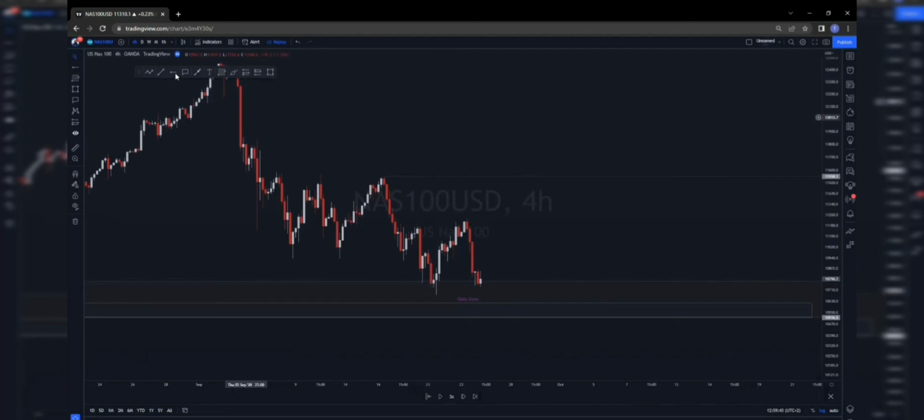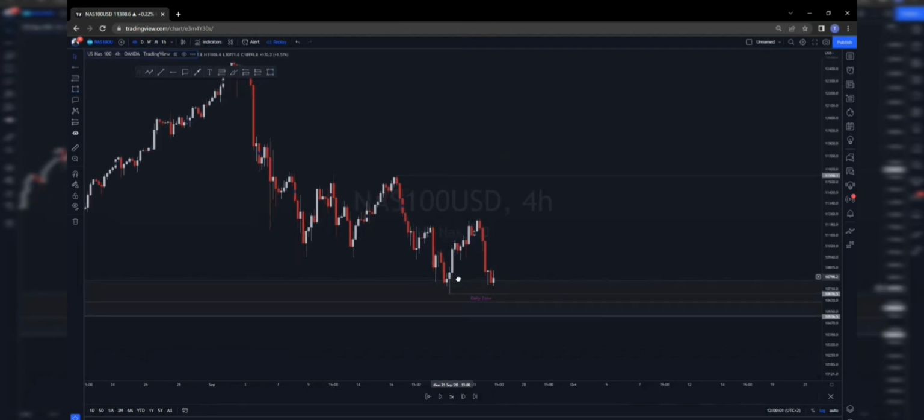I have an area of liquidity here before a zone, so I could take a trade from the zone. We also have another confirmed zone over here, but it's a low probability zone because price has been spending too much time on the zone with these 2 candlesticks.